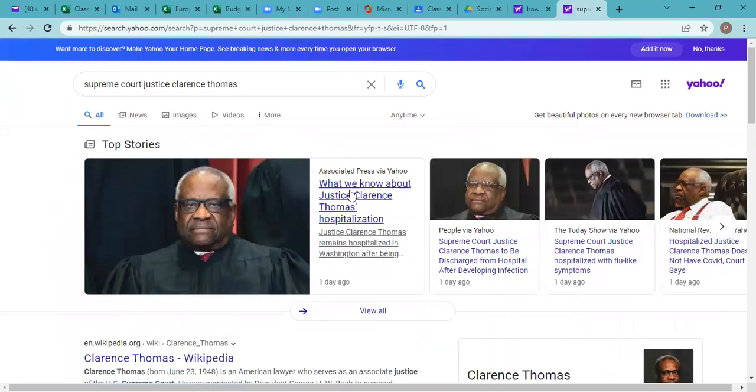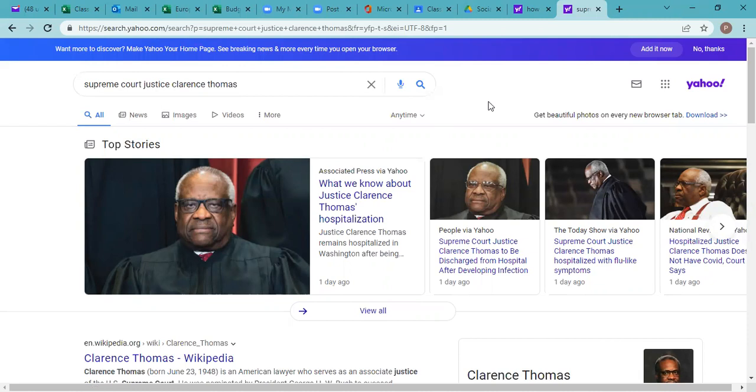So it says what we know about Justice Clarence Thomas's hospitalization. If you want to read more information about that, you could be very sick with COVID or some kind of infection or condition, and as long as you're not out too long, of course, you don't have to give up your position.